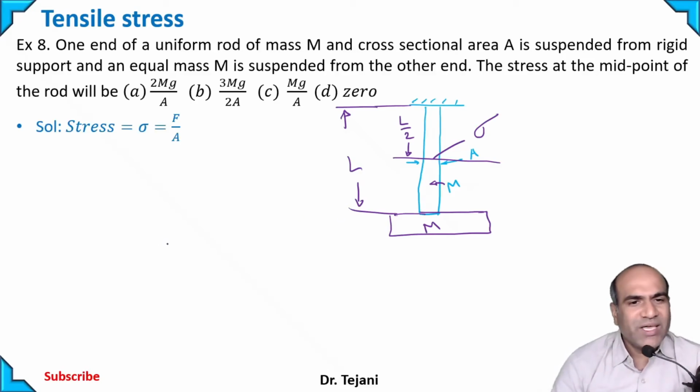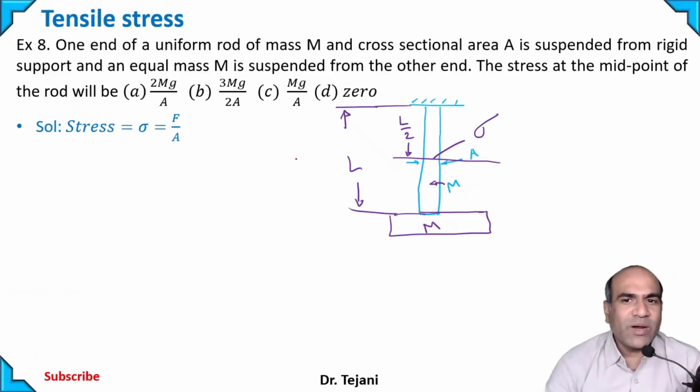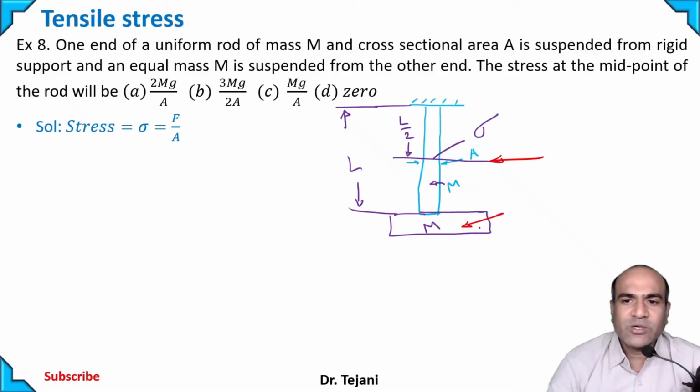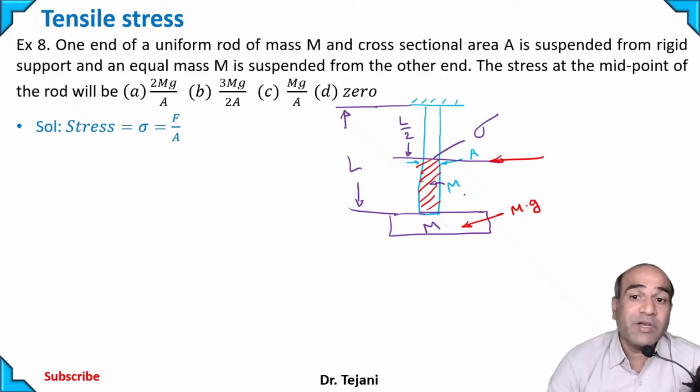So we have stress sigma is equal to force by area. We need to identify the force at this particular junction. At this position, what should be the force? First, it is a mass. So for this mass, it is m multiplied by g for this bottom. And half of the mass up to this region, only this half of the mass is subjected to stress, because the upper part is not providing support for the part below or the intermediate position.